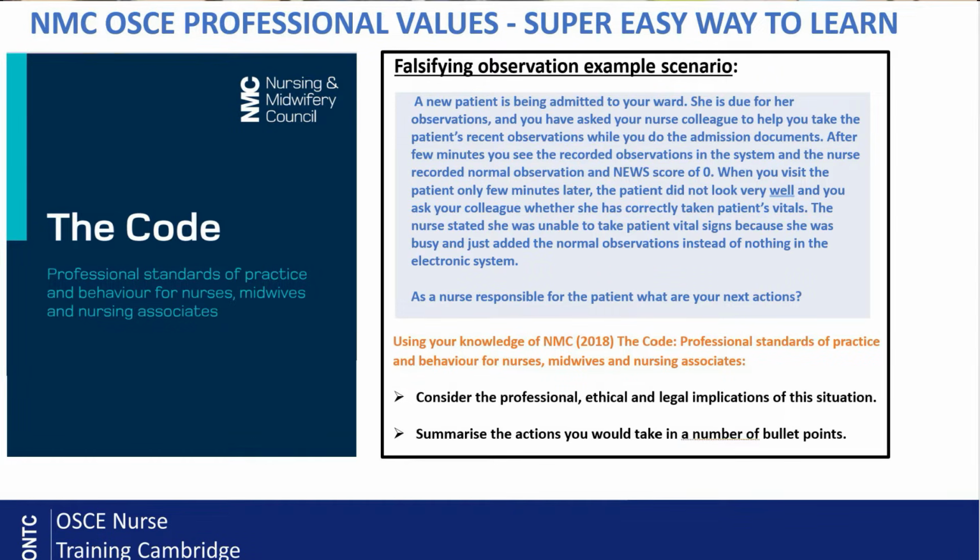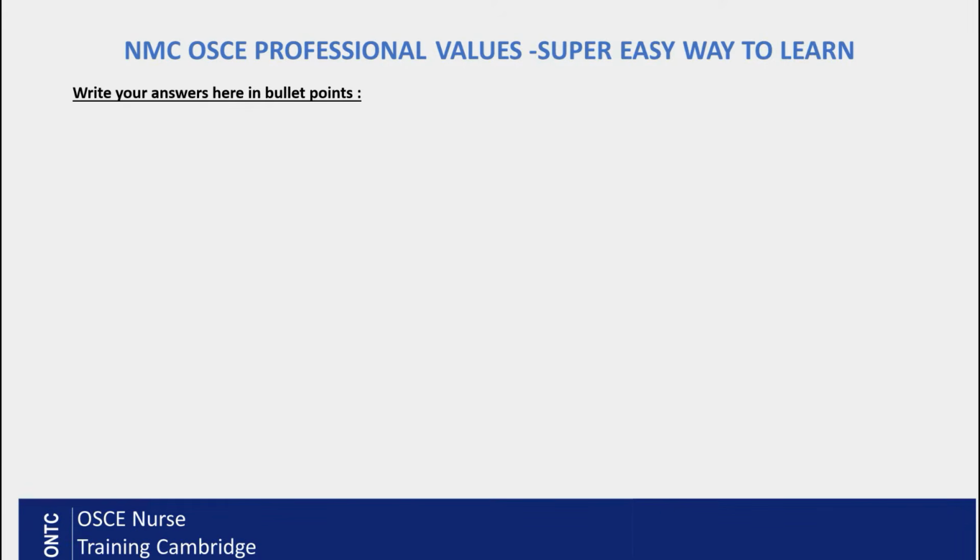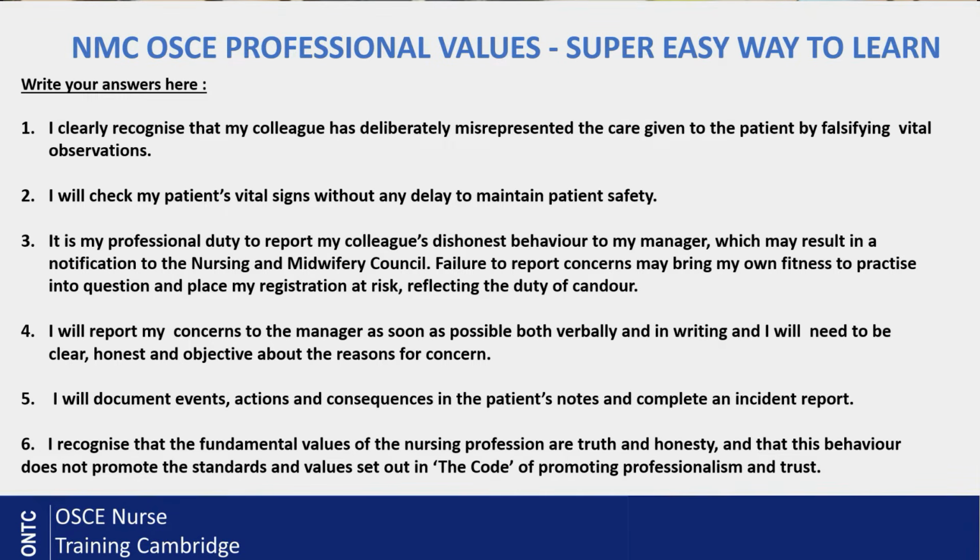So they falsified the vitals. What is your responsibility as a registered nurse in that case? Then you'll be given a blank page, and on the next screen you can see the bullet points I have written as my answers. That's how you complete this station.